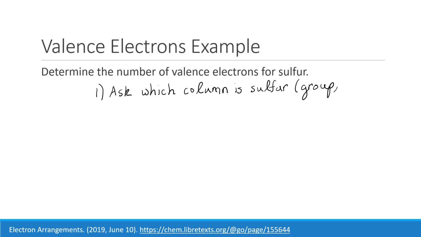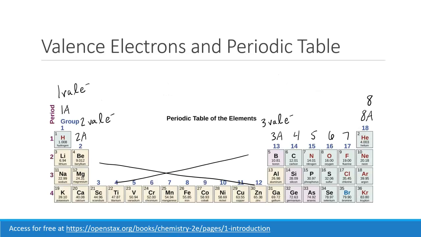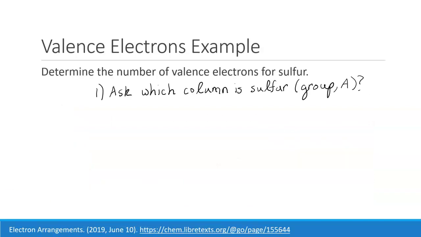Using the A and B numbering system. Okay, we see that sulfur is right here underneath oxygen. And so looking up, remember, we want to use the column number 6A, or 6. So sulfur has 6 valence electrons.